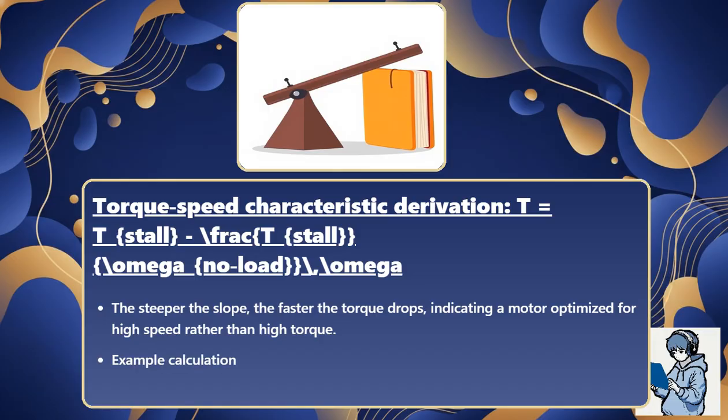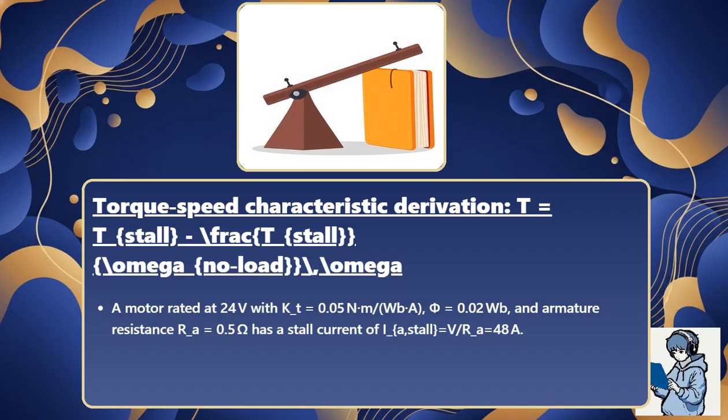Example calculation. A motor rated at 24 volts with K sub T equals 0.05 Newton meters per Weber ampere, phi equals 0.02 Weber, and an armature resistance R sub A equals 0.5 ohms has a stall current of I sub A stall equals V divided by R sub A equals 48 amperes. Stall torque is T sub stall equals 0.05 times 0.02 times 48 equals 0.048 Newton meters.